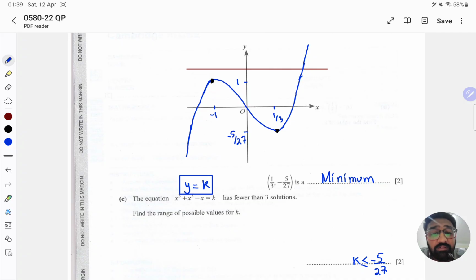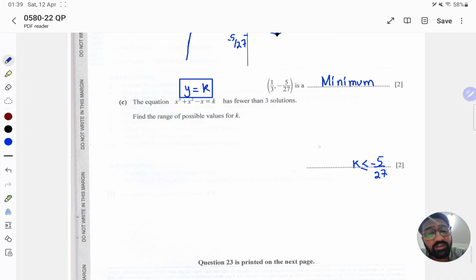From which point? Where the value of y is 1. So all values above 1 and 1 are going to give us fewer than 3 solutions. So the other set of possible values is k greater than or equal to plus 1.